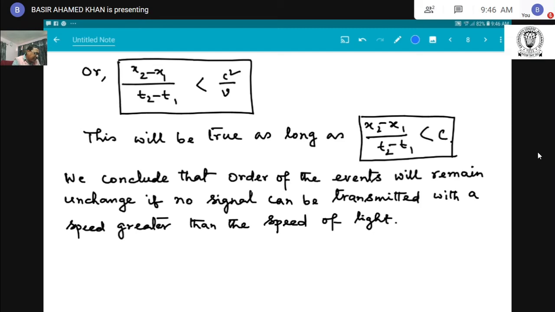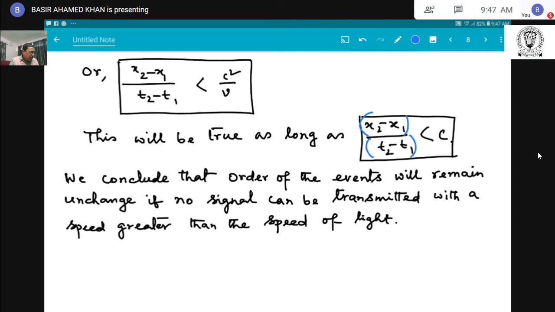That is nothing but a velocity, and the value of this velocity is less than c. Therefore, we conclude that the order of events will remain unchanged if no signal can be transmitted with a speed greater than the speed of light.